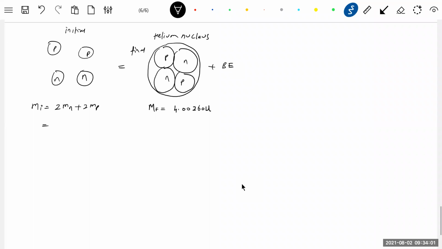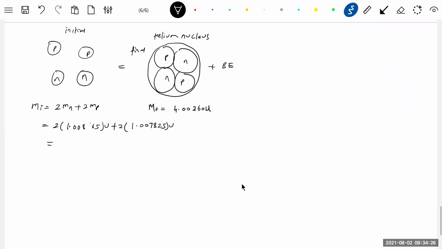So what is the initial mass of the system? It will be 2 into 1.00... I have the data. Mass of proton 0.7825 U. Okay, this is about the initial mass.